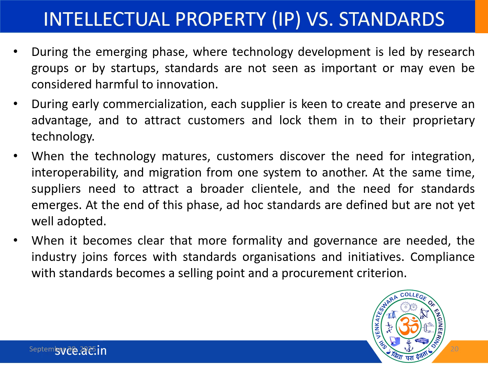The choice of mature, standard-compliant components or interfaces for the lower and intermediate layers can ensure components can be replaced by others, for example plug and play, compatible with the previous ones, and so on. So the different parts of a system can readily interoperate or communicate with one another. When the technology matures, customers discover the need for integration and interoperability, and they can migrate from one system to the other.